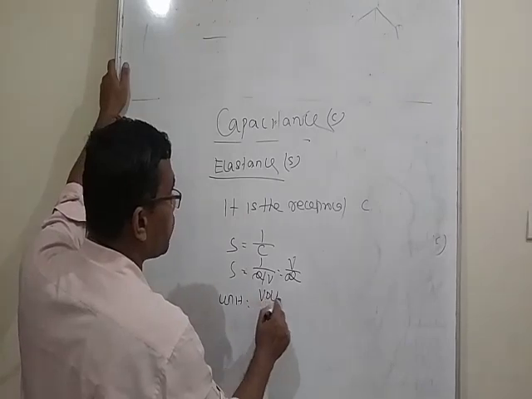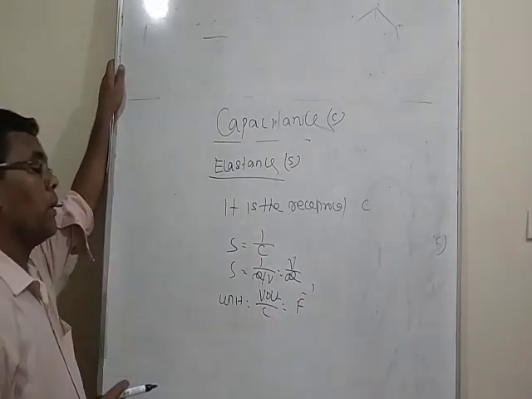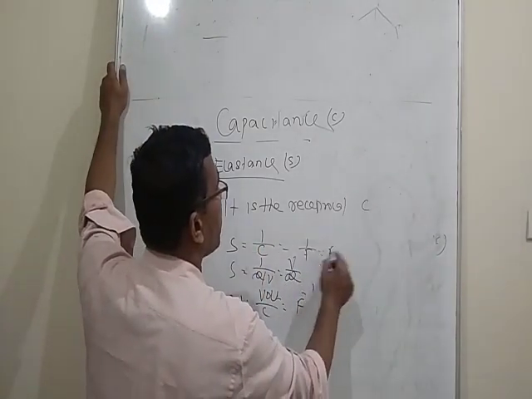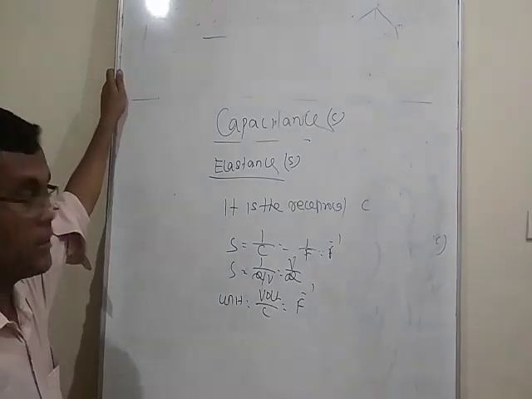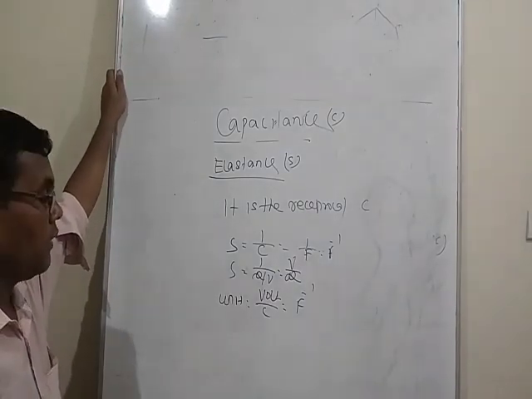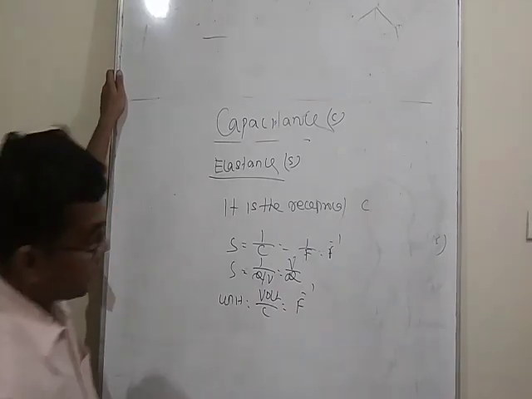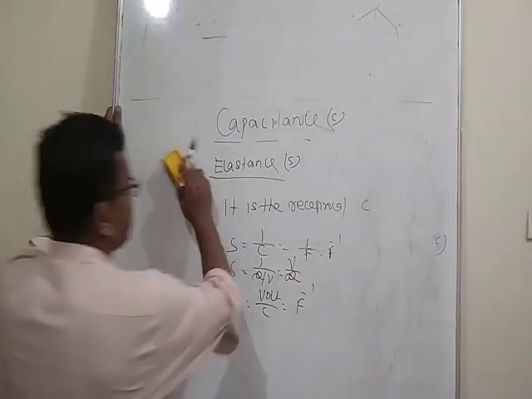Volt per coulomb, that is equal to farad inverse, 1 by F, that is F minus 1. So the dimension of elastance is the inverse of the dimension of capacitance.